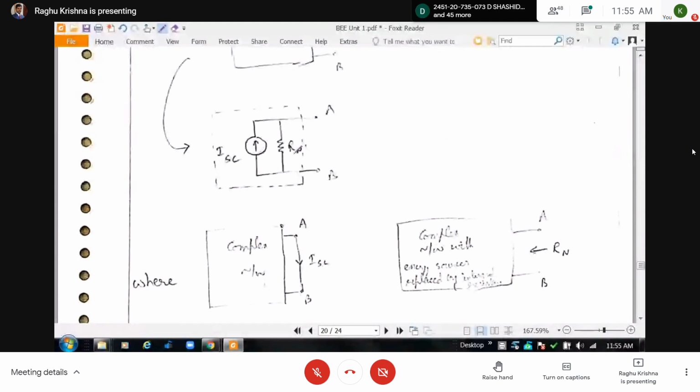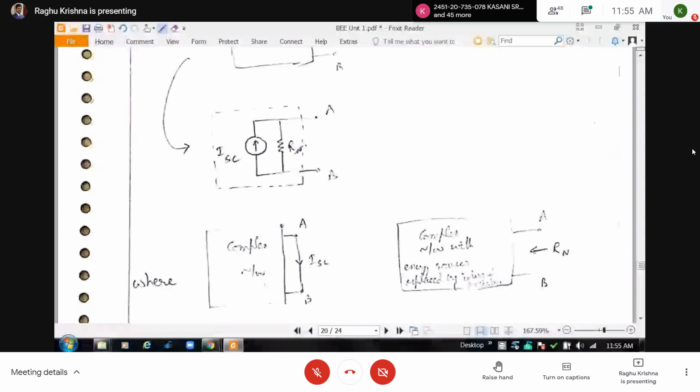Now here I am going to get the Norton's equivalent for this part of the network. That means except RL, for the remaining part of the network, I am going to get the Norton's equivalent circuit.